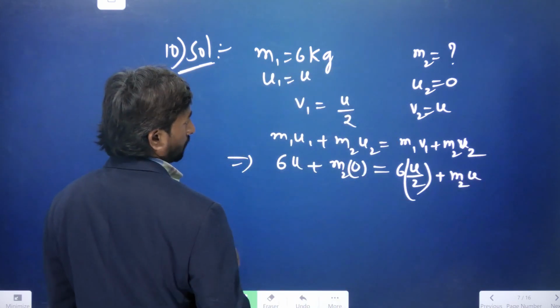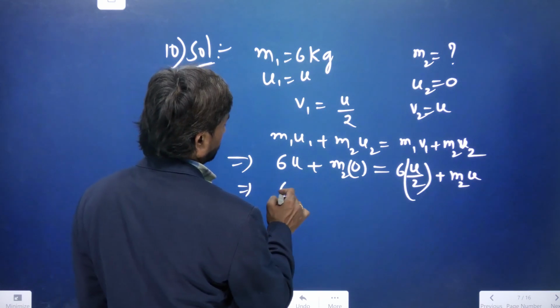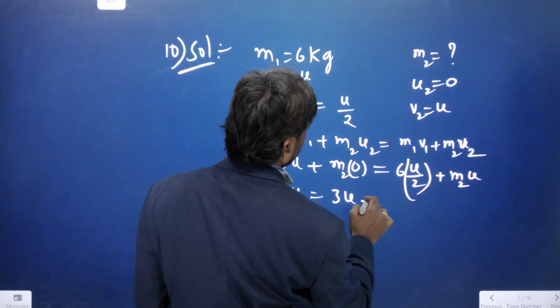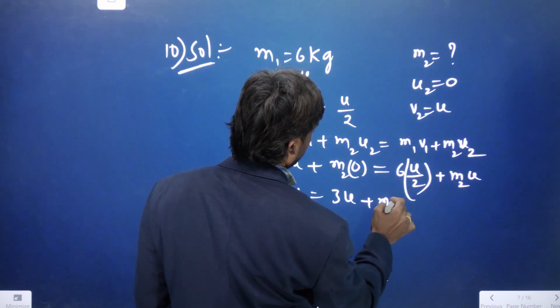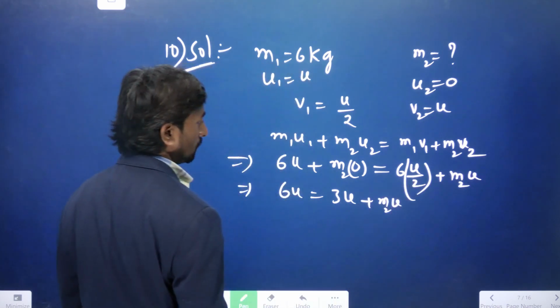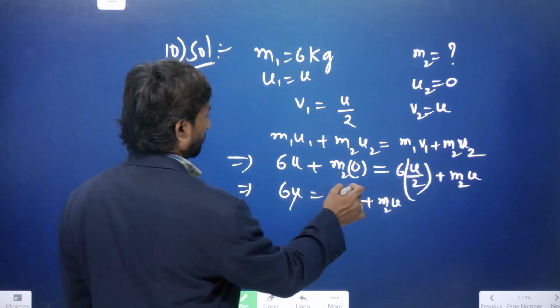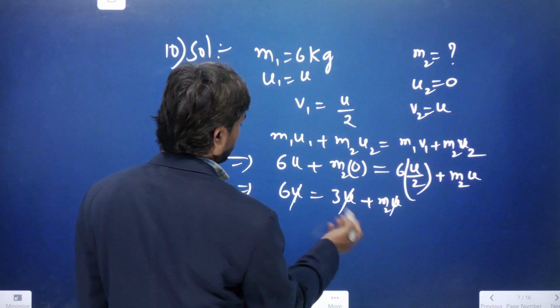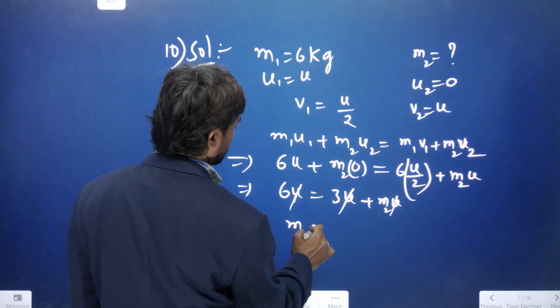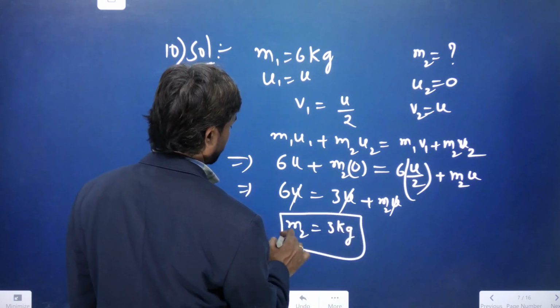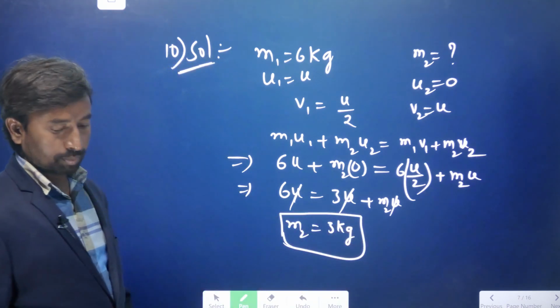So 6u will be there, this is 3u, plus m2 into u. In all the terms u is common, so we can cancel it. Then m2 is equal to 3 kg. Like this we can do all the problems.